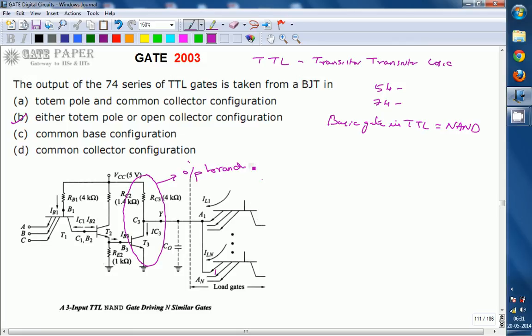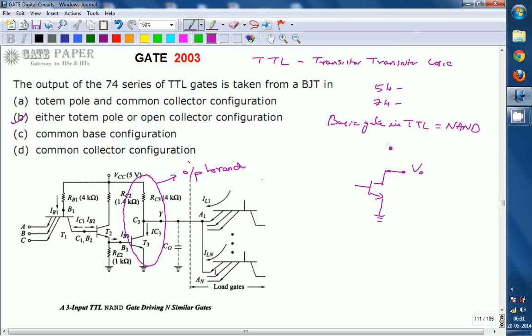It is a simple NAND gate, but this branch can be left open like this. The T3 can be connected this way: its emitter is connected to ground, and the collector, which was previously connected to a resistor RC3 of 4 kilo ohms, can be left open. So here you call it V0.